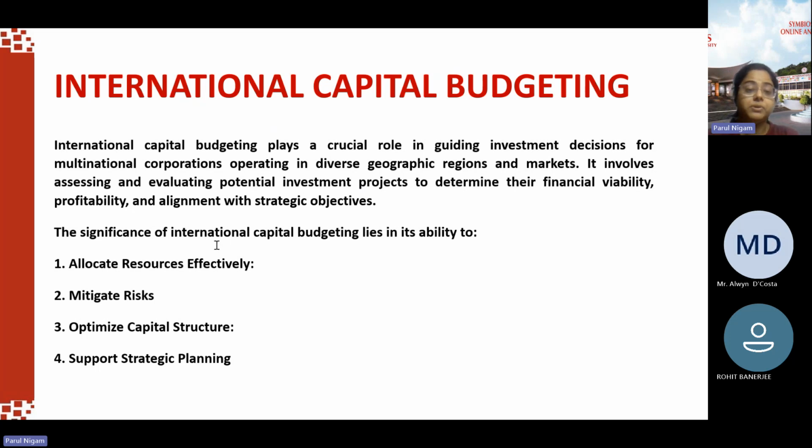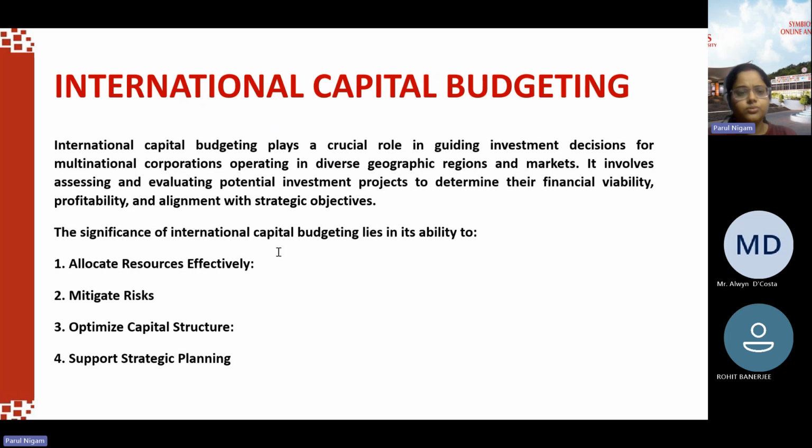So, for example, if an oil company is investing in the Middle East, they will evaluate the government policies, tax rates, and any laws there before investing funds in that country. So there are various things. Then supporting strategic planning basically means that you are including scenario planning and risk assessment to make informed financial decisions.